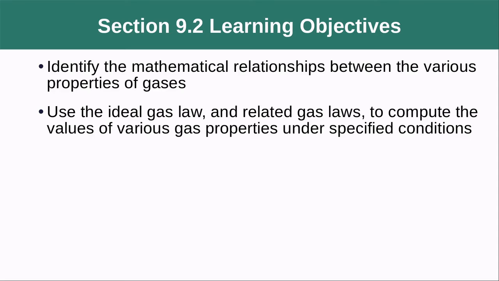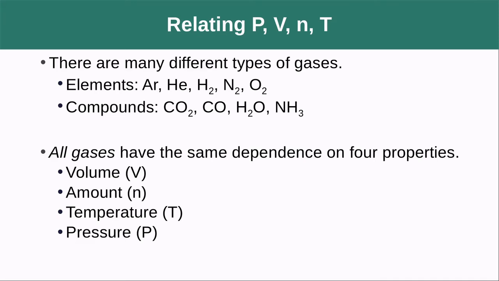In section 9.2, we're going to identify the mathematical relationships between the various properties of gases, and then use the ideal gas law and related gas laws to compute the values of various gas properties under specific conditions. There are a lot of different types of gases. These can be single elements like noble gases such as argon or helium.